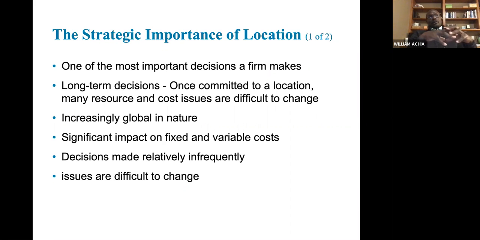So all in all, the decision to set up shop in a specific location is usually a large fixed initial cost that if it's not done right, you end up in a situation where you pump in, say, $100 million into a location only to find that that's not the best location for your corporation.